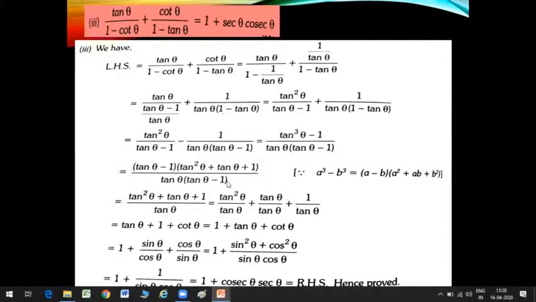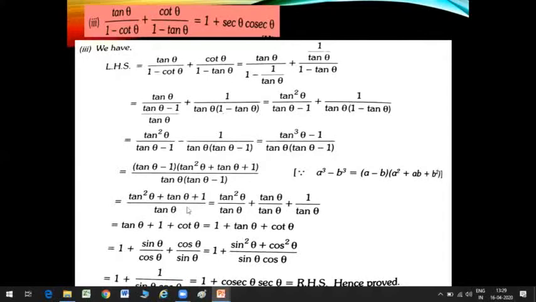Then after this, tan theta minus 1 from the numerator and the denominator gets cancelled.